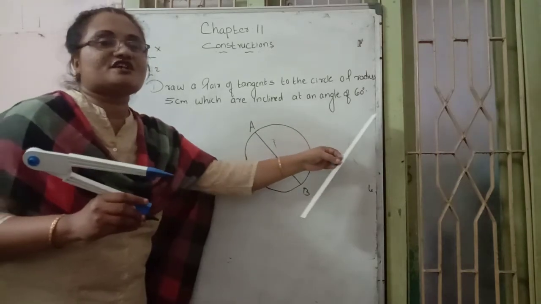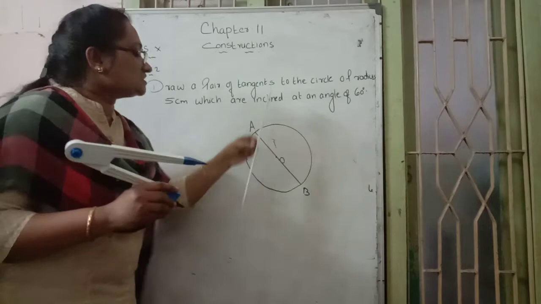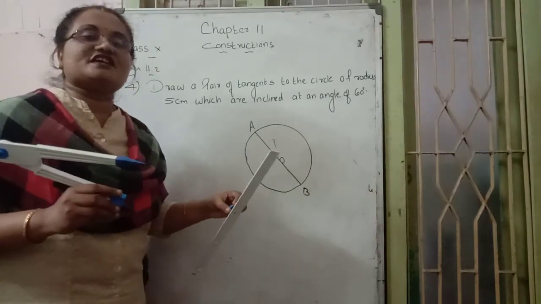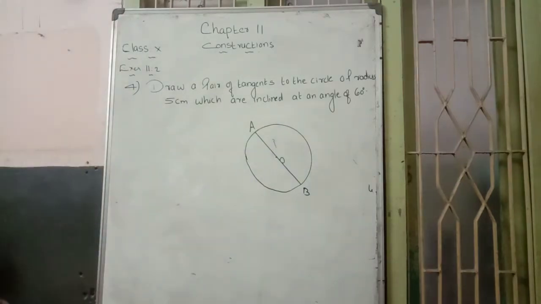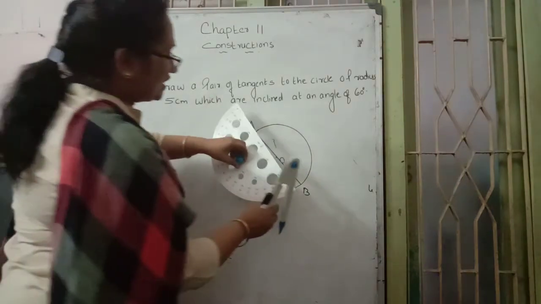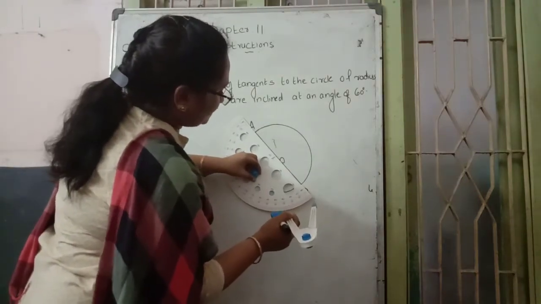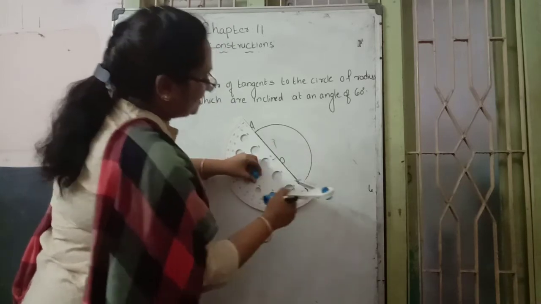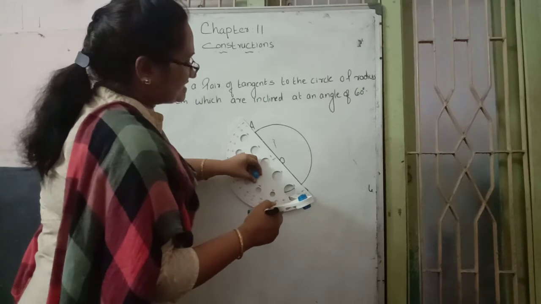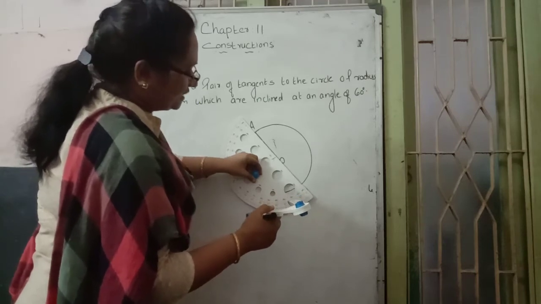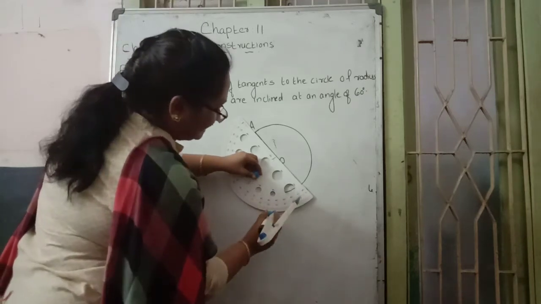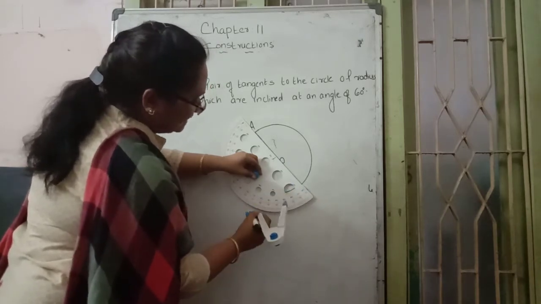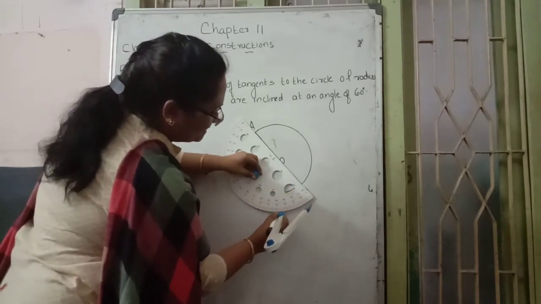How much measurement do they mention? 60 degrees. So take O as the center and use the protractor. Keep the protractor with baseline AB, OB as the baseline and O as the center point. Read the outside scale, not the inside, because it is on the right side. Mark 60 degrees on the outside scale.